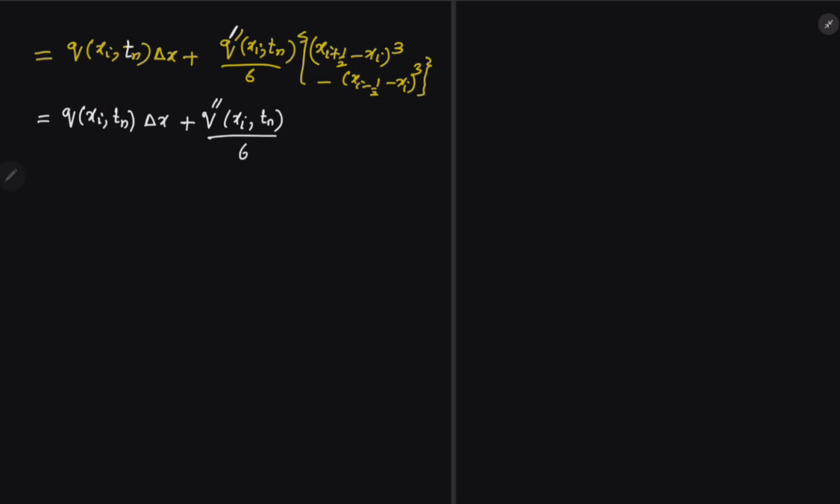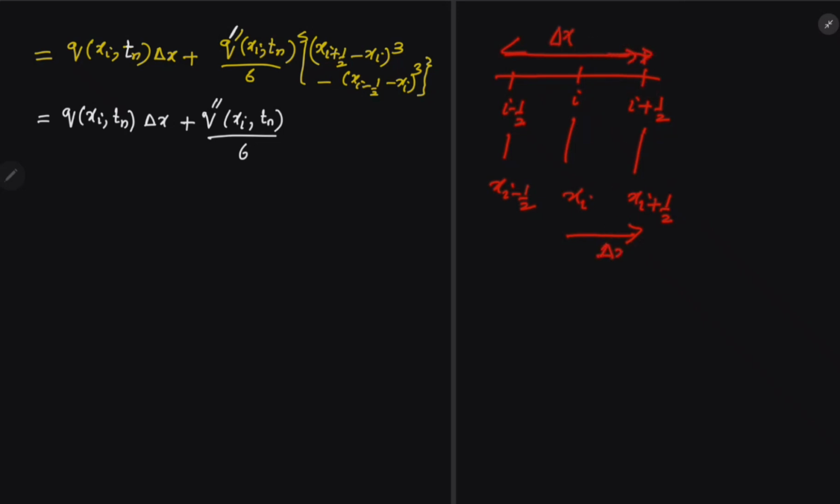Remember that we had a cell, i plus 1 half and i minus 1 half. This is xi minus 1 half, this is xi, this is xi plus 1 half. So if this complete is delta x, this will be equal to delta x by 2.